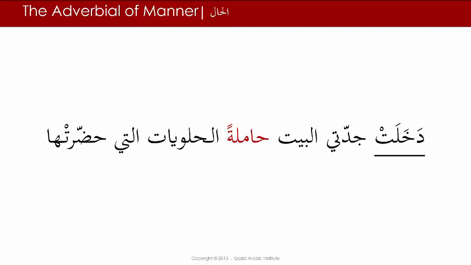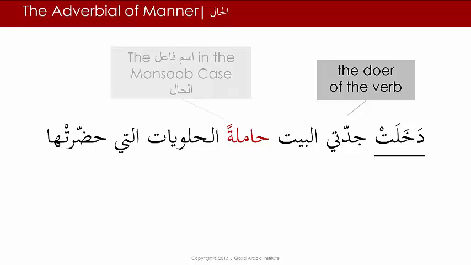Here we have a sentence, دخلت جدتي البيت حاملة الحلويات التي حضرتها. So here, دخلت is our verb. We have جدتي is the doer of the verb, my grandmother. My grandmother entered the house. دخلت البيت حاملة. And حاملة is our حال. It is in the mansub case and indefinite. And hamil is someone who carries something.